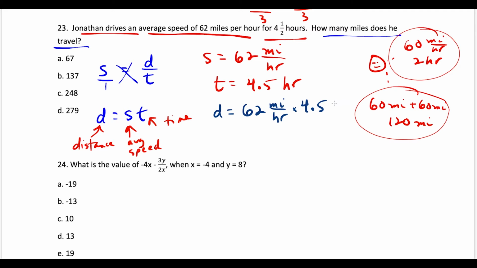So what I'm noticing here is that if I multiply miles per hour by hours, anytime you have a matching factor in the numerator and denominator of a fraction, you could cross them off like this. So these units cancel out nicely, leaving us with just miles. So the distance in miles we could get by just multiplying 62 times 4.5. And if we punch that in a calculator, that's going to work out to 279 miles. And that matches up with choice D.